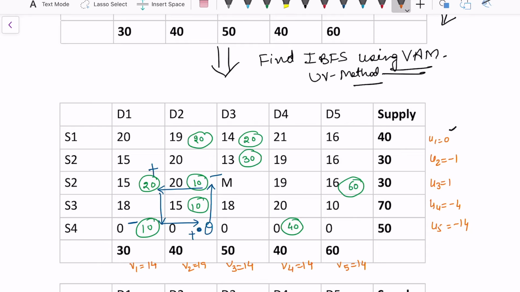And once I calculated UiVj, I get that this is the quantity where I get theta because this is most positive. So for the allocation that you see here, the net evaluation is 5. For the other cases, you can see that all of the other quantities are either negative or smaller than this 5. And then we follow again a similar procedure. Now again, we get new BFS, check UiVj and check for loop.